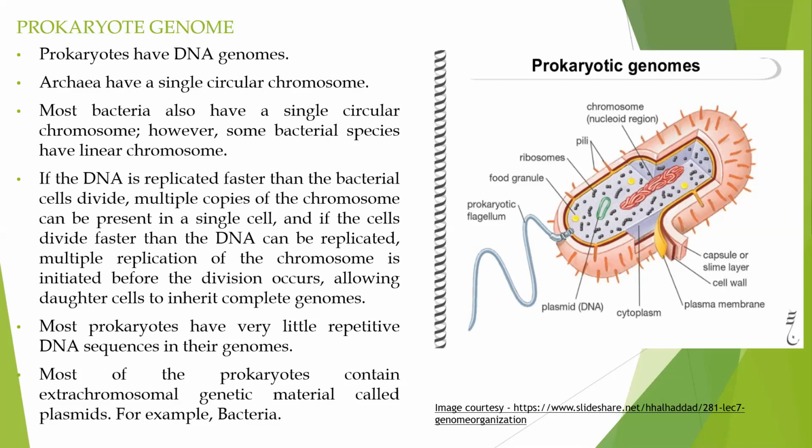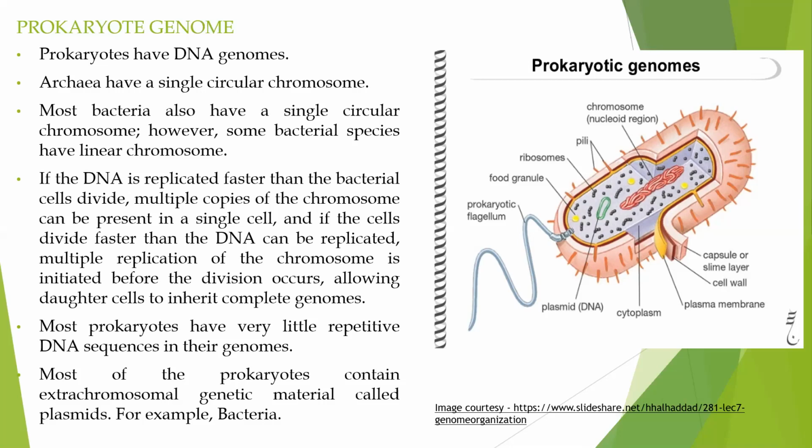Or else, if the cell is dividing faster than the DNA, then what is going to happen? The bacterial cell division is going to stop for a while so that the DNA replication is completed, so that at the end of division, the two daughter cells have an equal amount of genetic material.